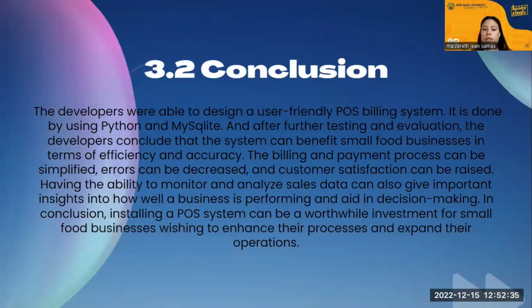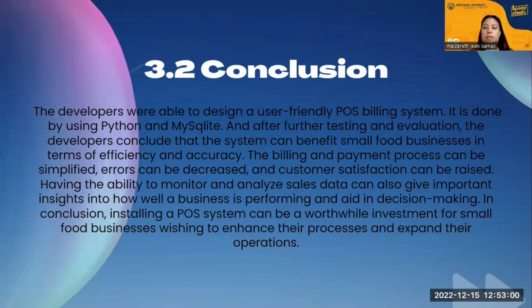And now for the conclusion, the designers were successful in creating a point-of-sale billing system that is user-friendly. Python and MySQLite are used to accomplish this. After additional testing and evaluation, the developers conclude that the system has the potential to benefit small food businesses in terms of efficiency and accuracy.